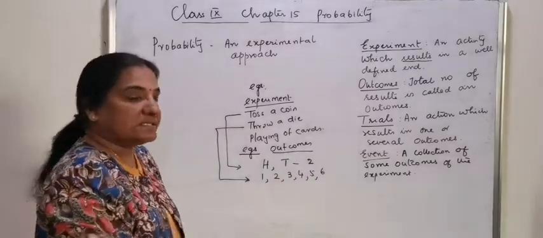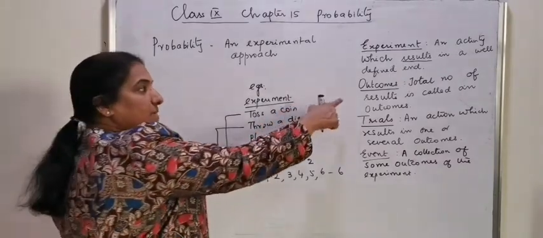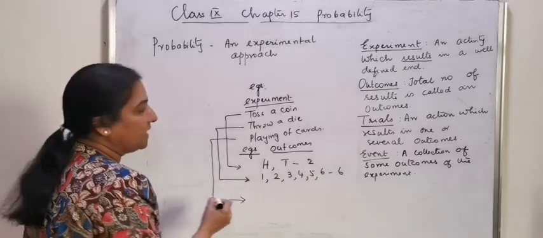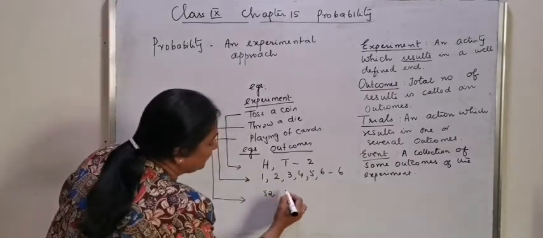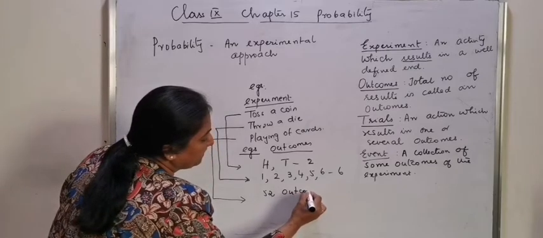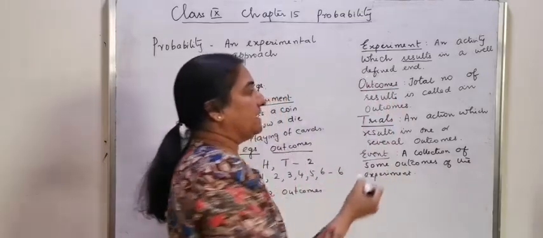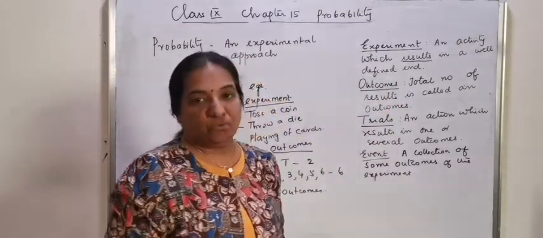There are 6 outcomes here. Similarly, when you play with a deck of cards, there are 52 outcomes or 52 results.